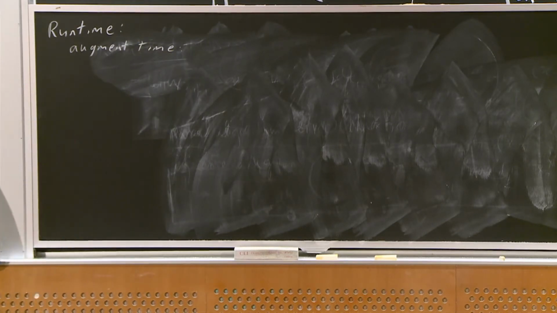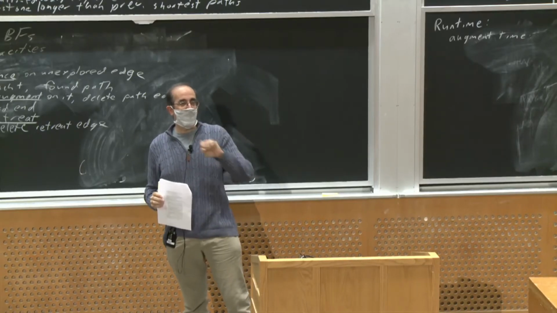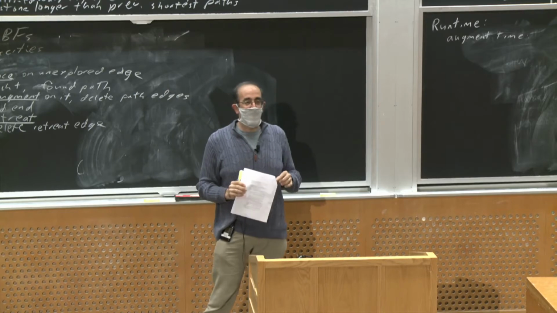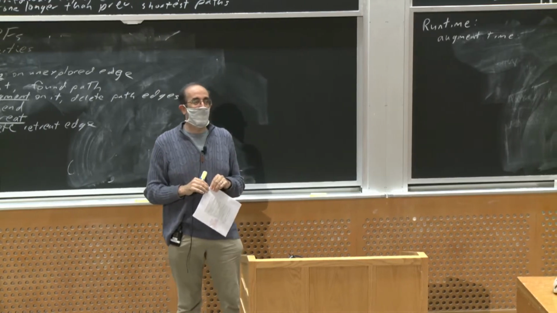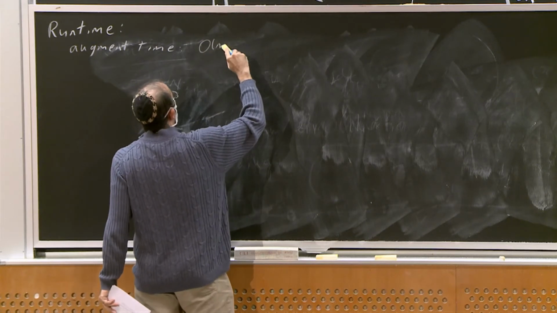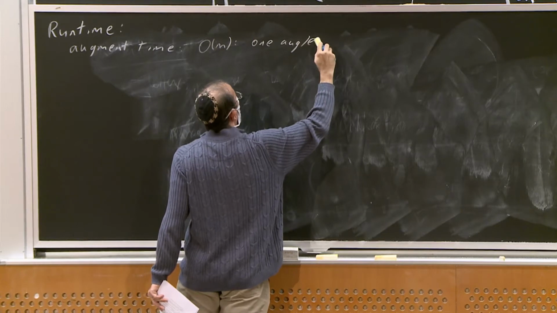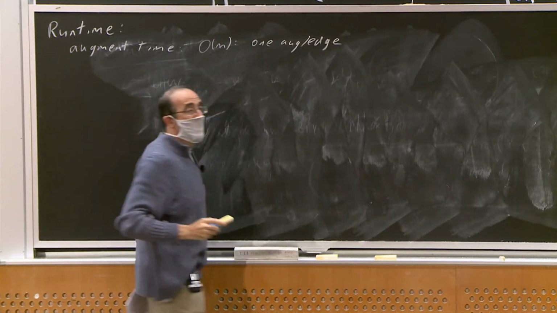How much time do we spend, once we have found a path, updating the flow on those edges and deleting those edges? It's order m, because there is at most one augment per edge. Right?